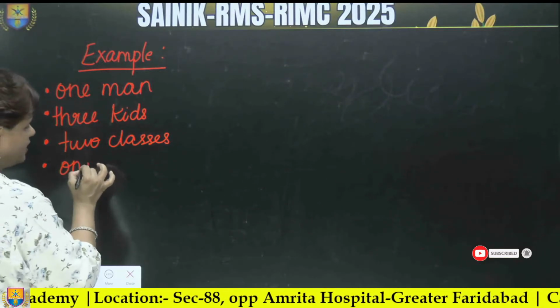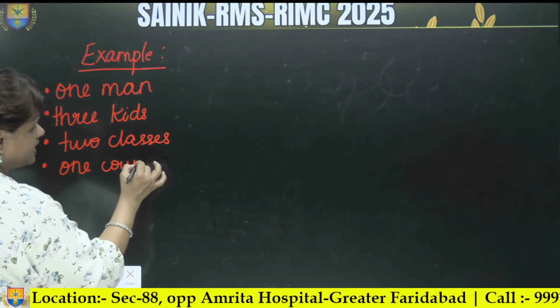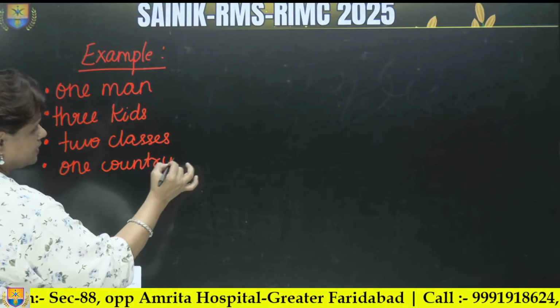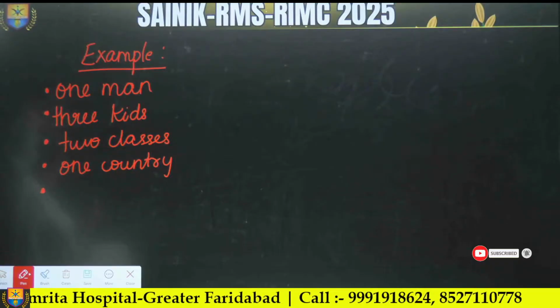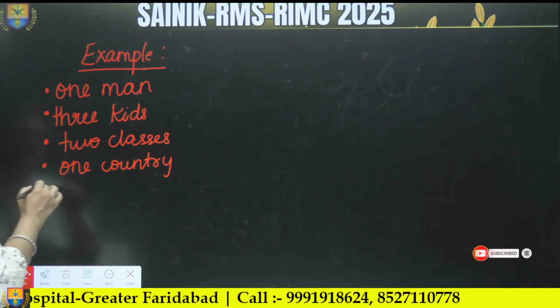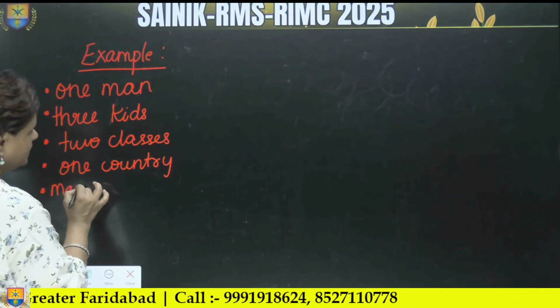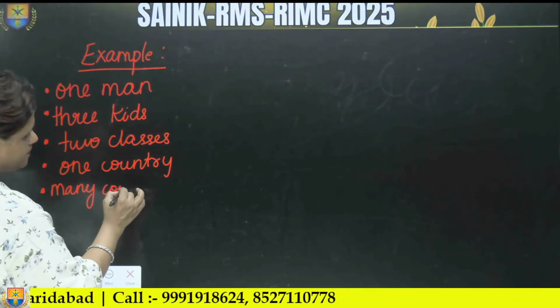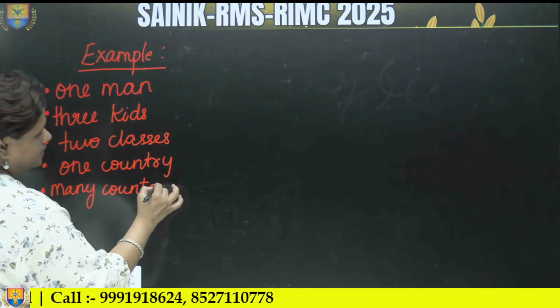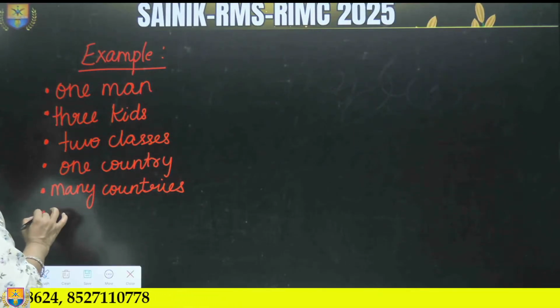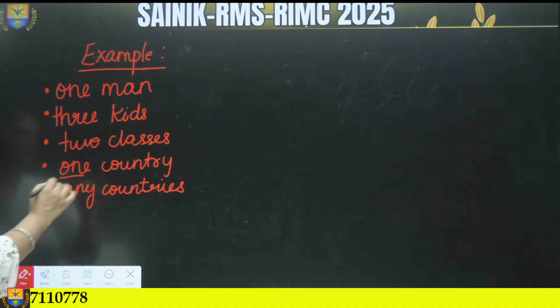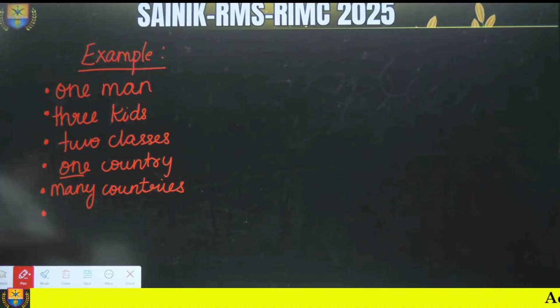A specific country, so we say it as one country. Again, if we write many countries, in many countries also we can mention how many are there until we give a specific number. So they are countable, these words.